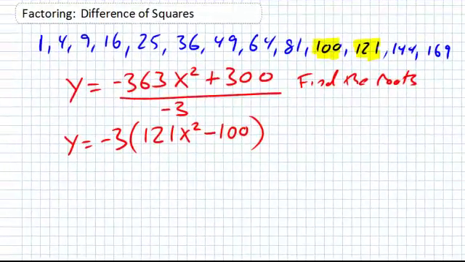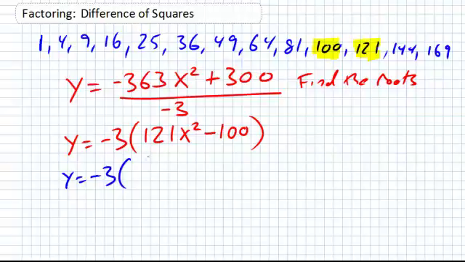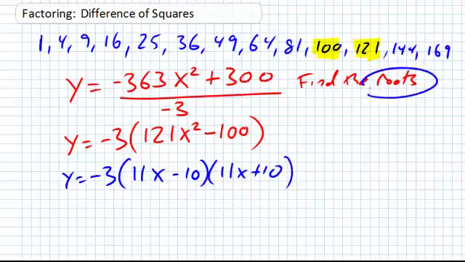So I'll go ahead and do that. We're going to do y equals negative 3 times 11x minus 10 and 11x plus 10, since the square root of 121 is 11. Okay, but this asks me to find my roots. To find my roots, I have to actually set these all equal to 0.